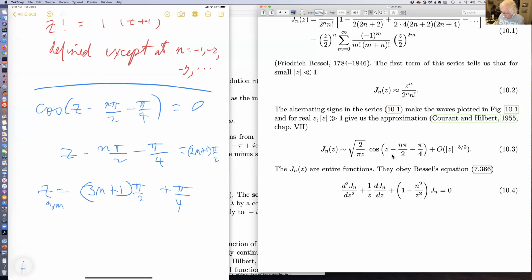And so the point is that z_nm is something like 3n over 2 times pi, and that goes to infinity as m. Okay, hold on. Where?